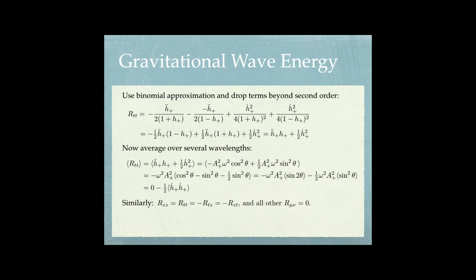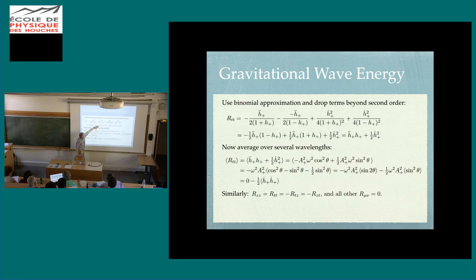But here's that same expression that I had at the bottom of the last slide, and I can use the binomial approximation to put these things in the numerator. I don't need to worry about these denominators at all because I'm already at second order, so I'm just keeping second order terms.